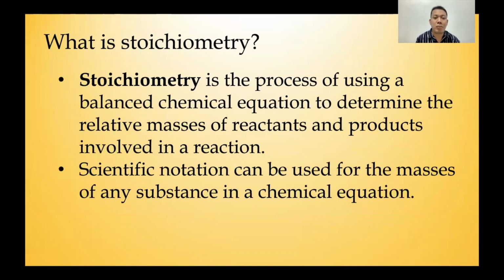It is the process of using a balanced chemical equation to determine the relative masses of reactants and products involved in a reaction. Scientific notation can be used for the masses of any substance in a chemical equation.